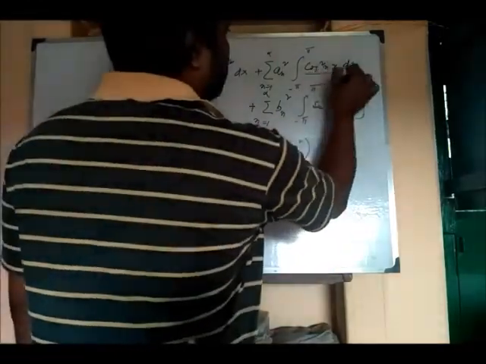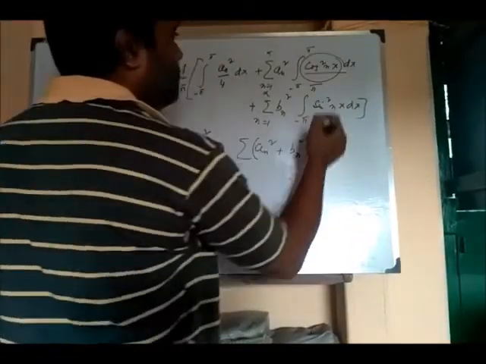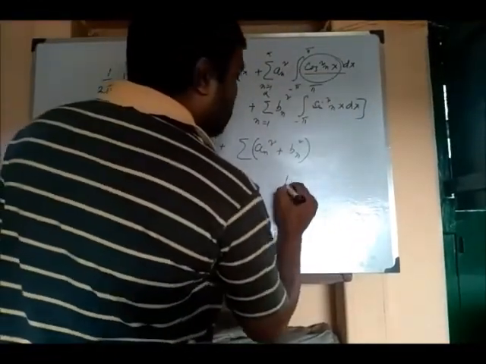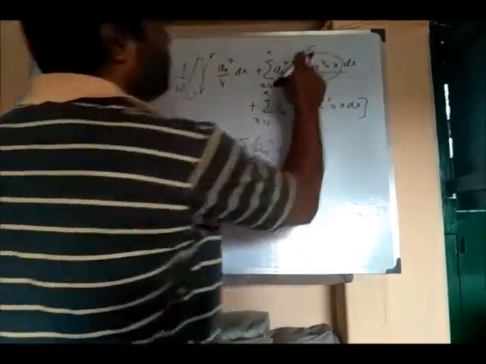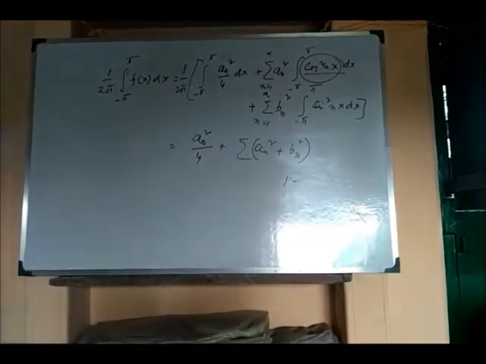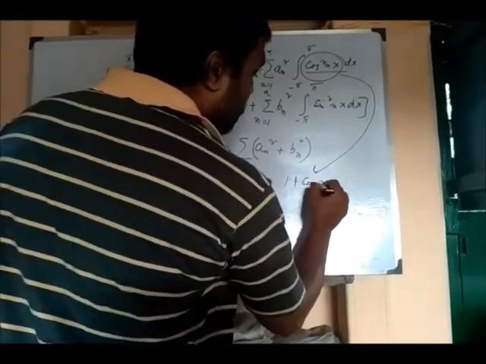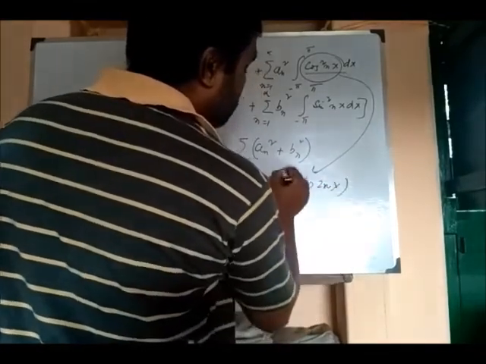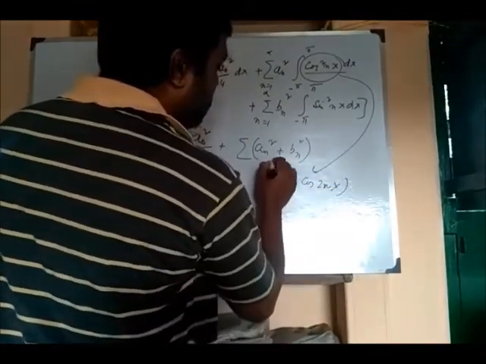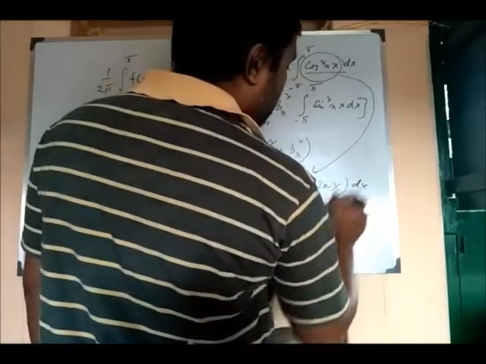You did not integrate this because this term is cos square nx. So cos square nx means 1 plus cos 2nx, and we are going to integrate minus pi to plus pi times dx.